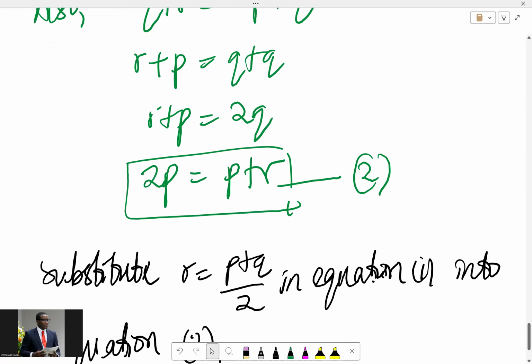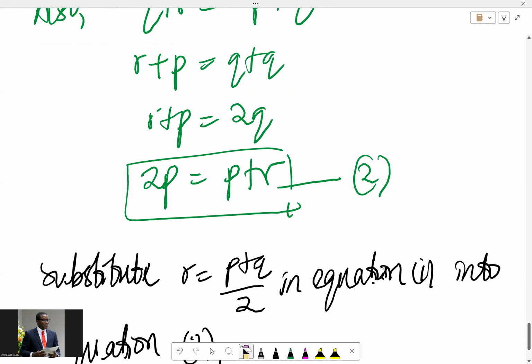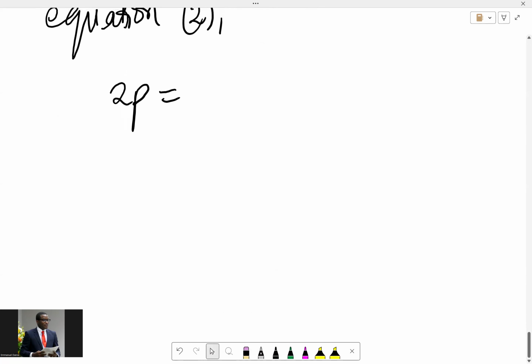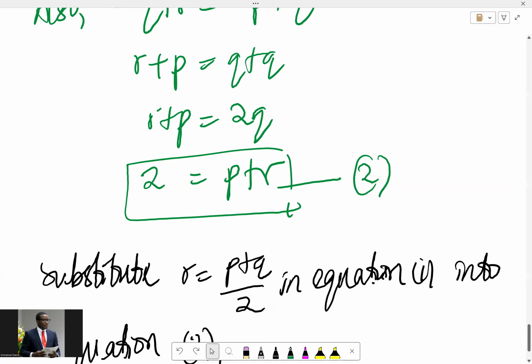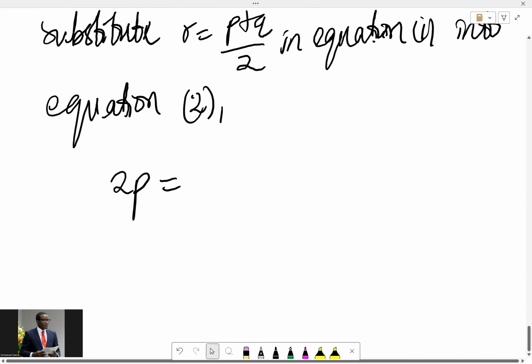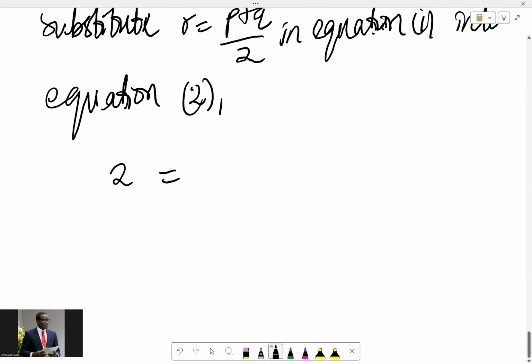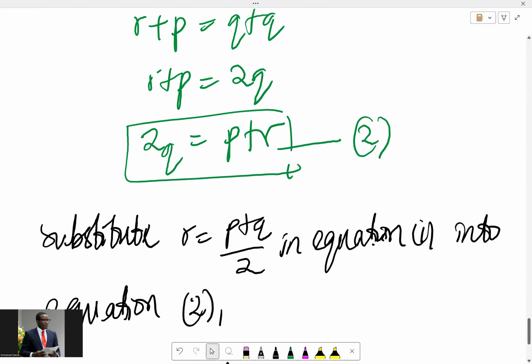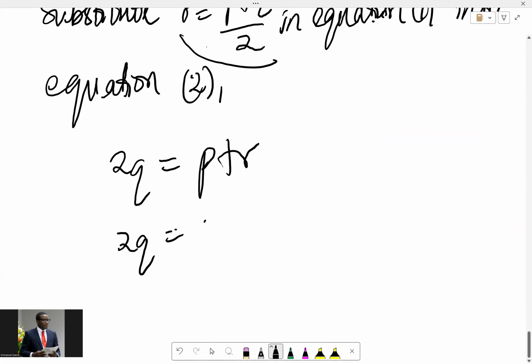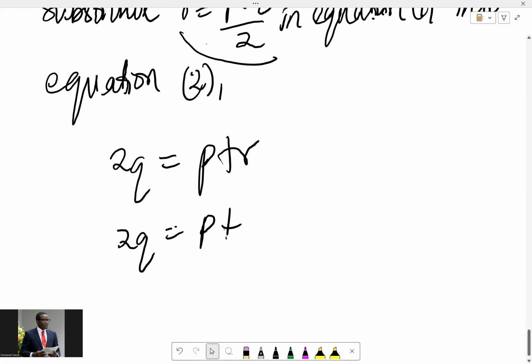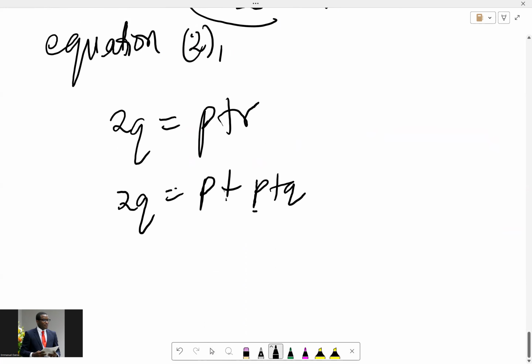Sorry, this is 2Q. 2Q equals P plus R. We are replacing R with P plus Q over 2. So we have 2Q equals P plus, instead of R, P plus Q over 2.